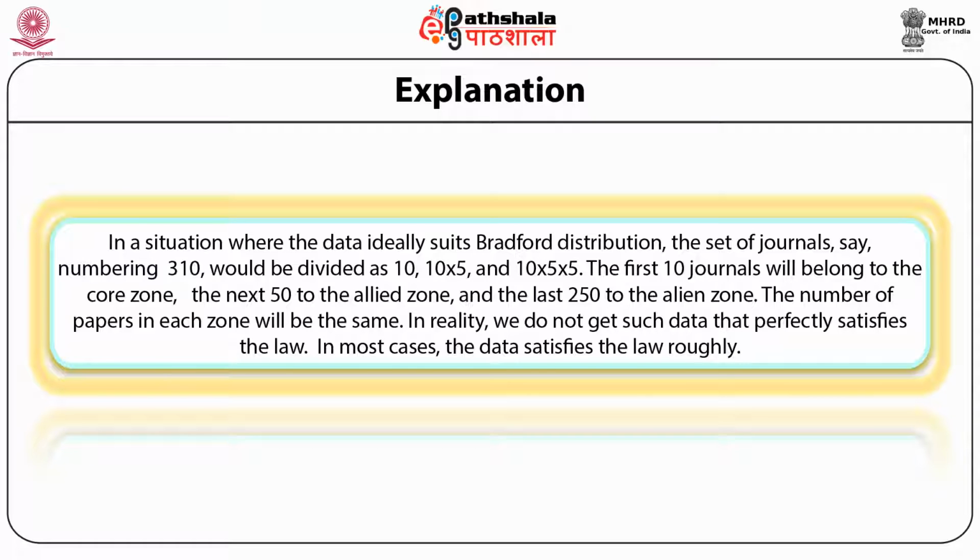The first 10 journals will belong to the core zone, the next 50 to the allied zone, and the last 250 to the alien zone. The number of papers in each zone will be the same. In reality, we do not get such data that perfectly satisfies the law. In most cases, the data satisfies the law roughly.